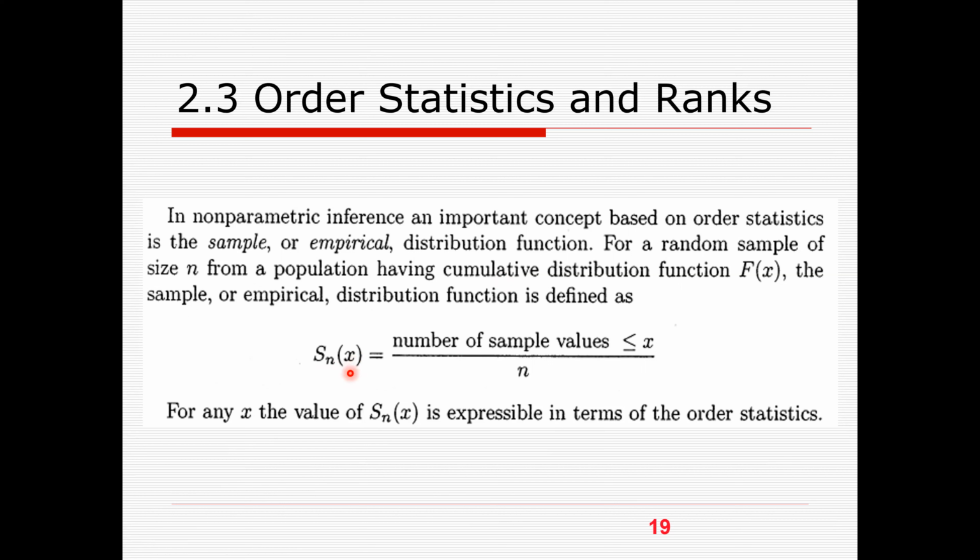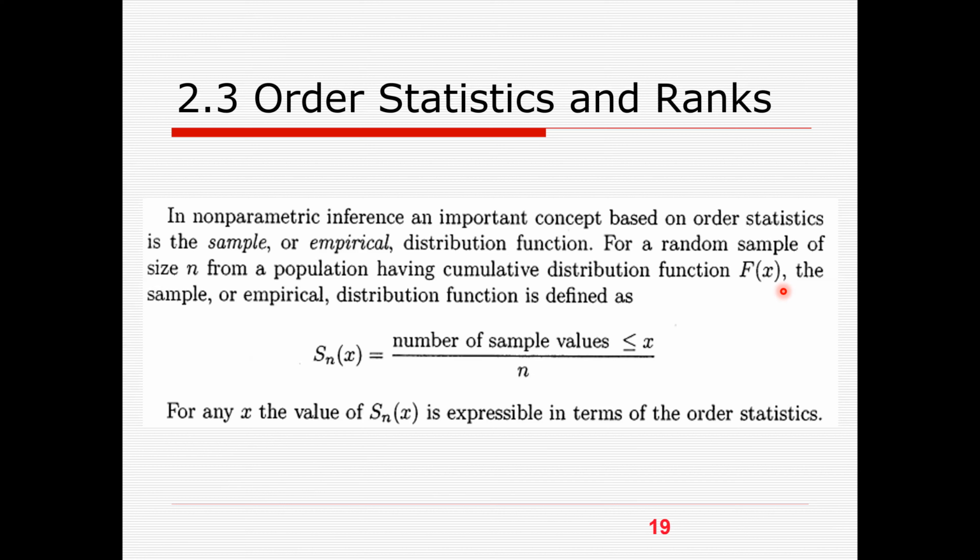Its corresponding concept in parametric statistics is the cumulative distribution function, CDF, not PDF, right? PDF is a probability density function, not cumulative. So we use capital F to represent CDF, remember? And we use lowercase f to represent PDF.